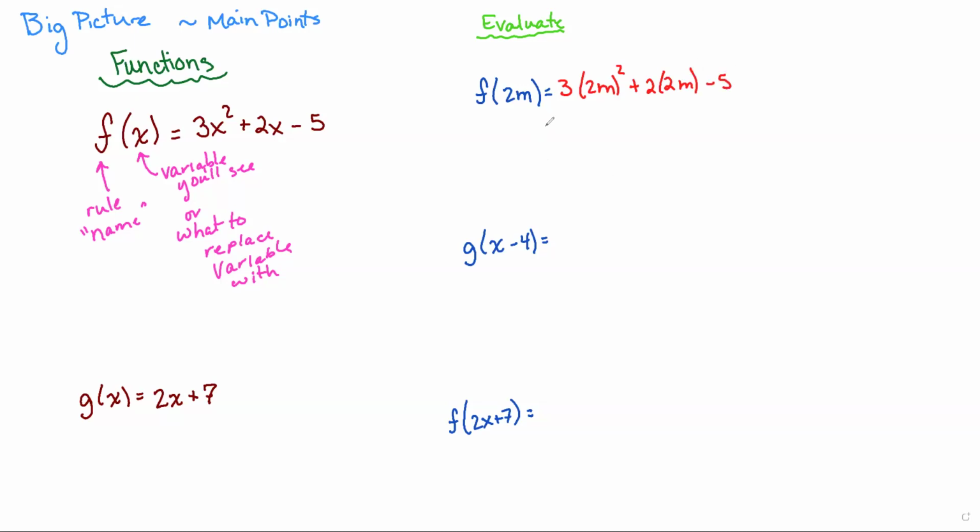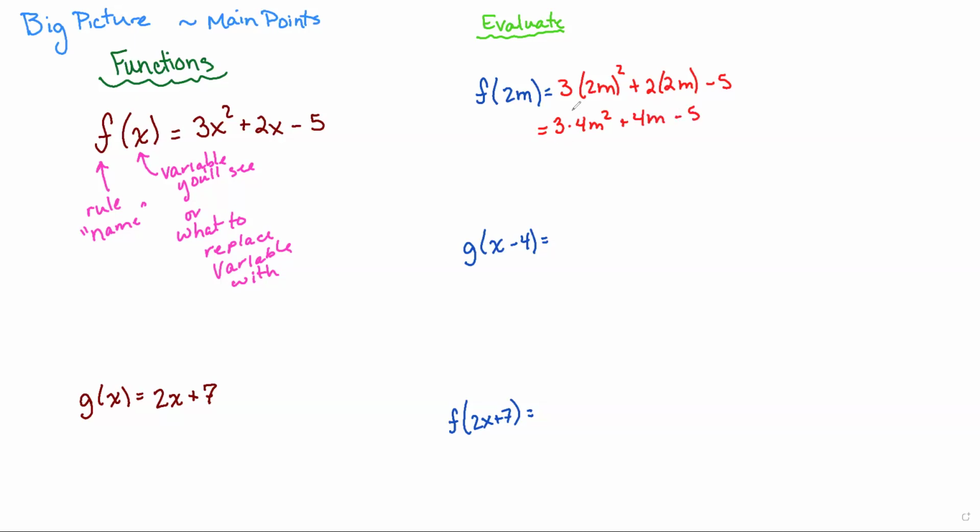And now I can still simplify, meaning I'm only working with the right-hand side and using my order of operations. So this is 3, and then 2m squared is 2m times 2m, so this is times 4m squared, and then 2 times 2m is plus 4m. And then I still have my minus 5.